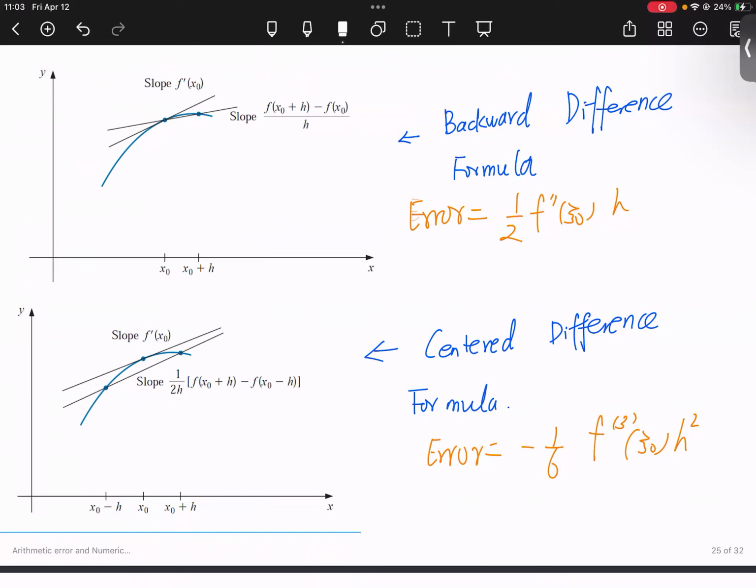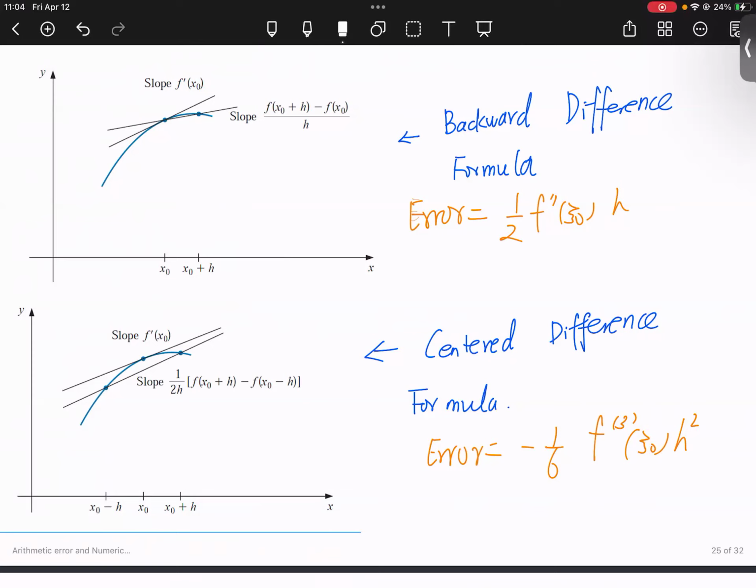So if you take a look at the picture, we find out that the center difference is a better approximation, and it's more parallel to the slope of f prime of x. And we will find out the reason: the error here is h to the order 2, and this is just the order 1.